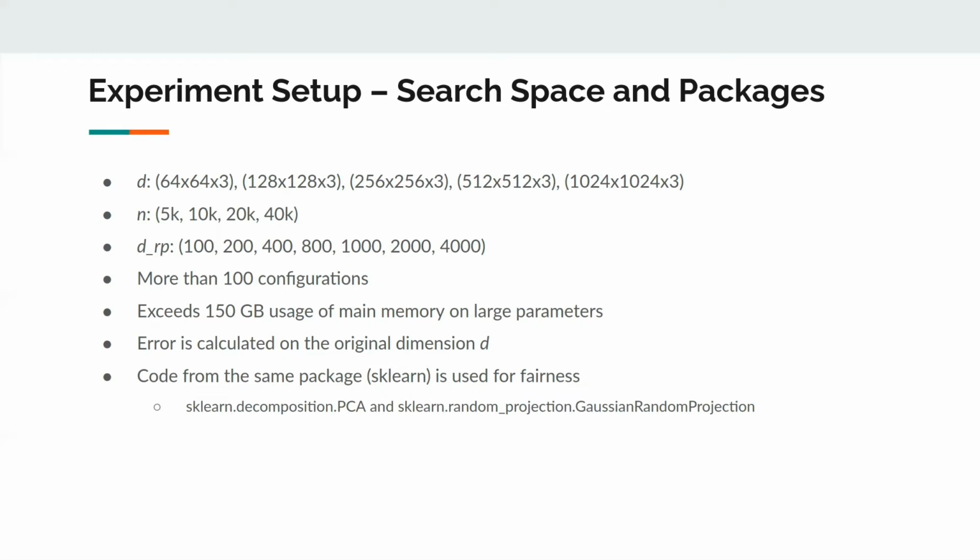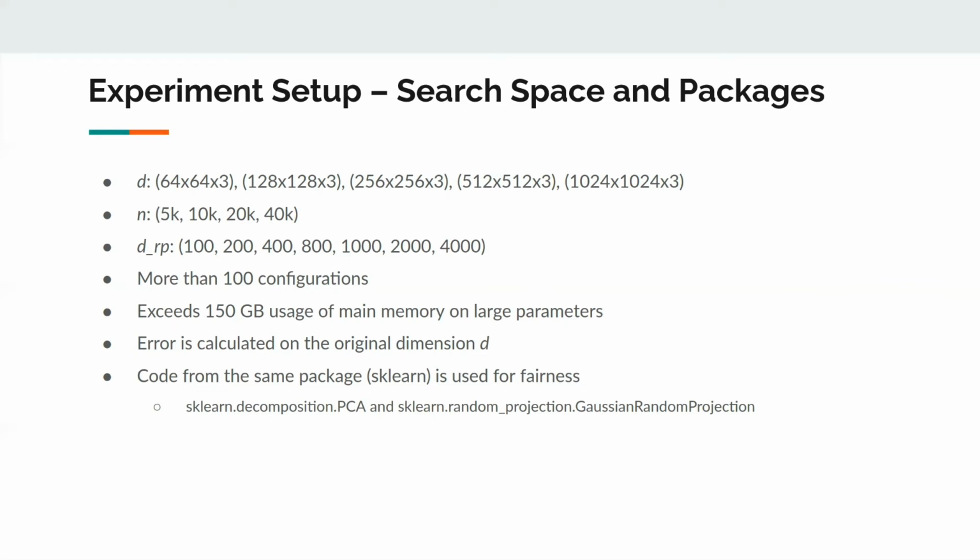We don't want that because methods may use different number of reduced dimensions. So we calculated the centroid in the original dimension first, and then calculated the distance values in this original space. We used the same scikit-learn package for both methods to make the comparison fair.